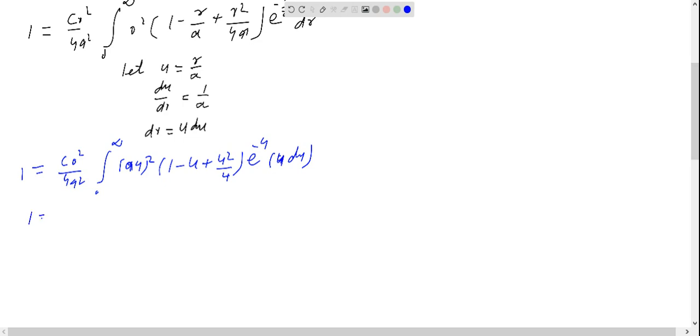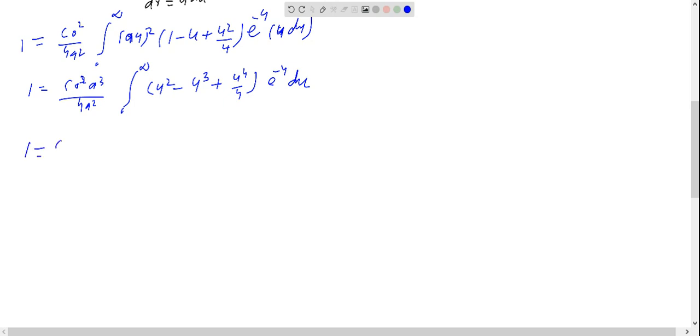So this equation can be written as C_0 squared a cubed out of 4a squared integral from 0 to infinity of u squared minus u cubed plus u^4 out of 4 into e raised to the power minus u du.